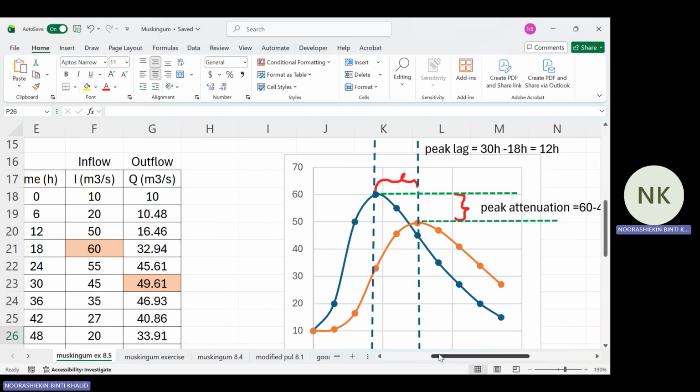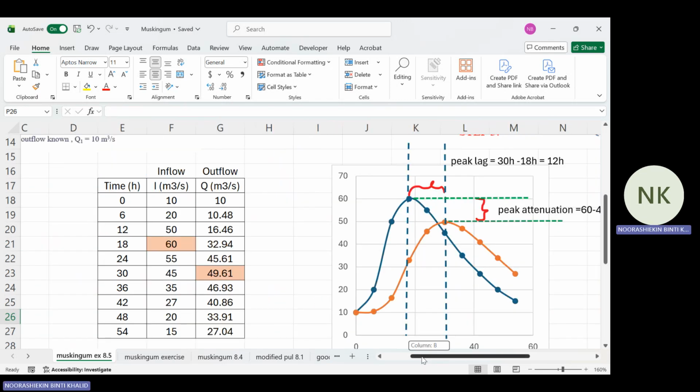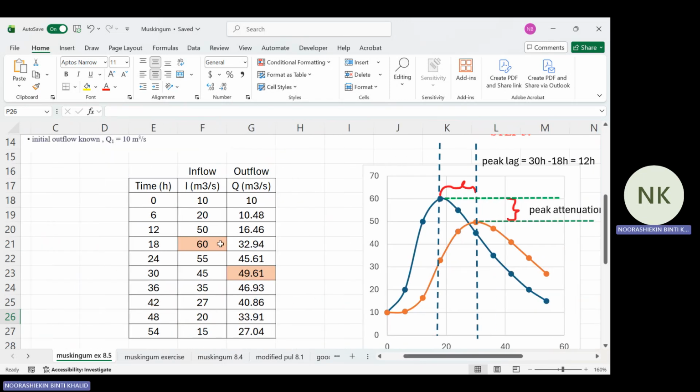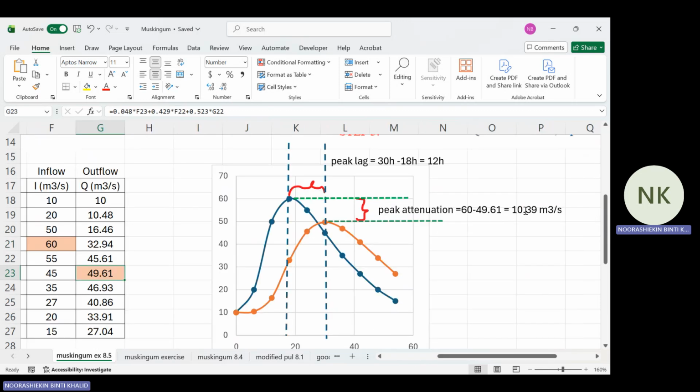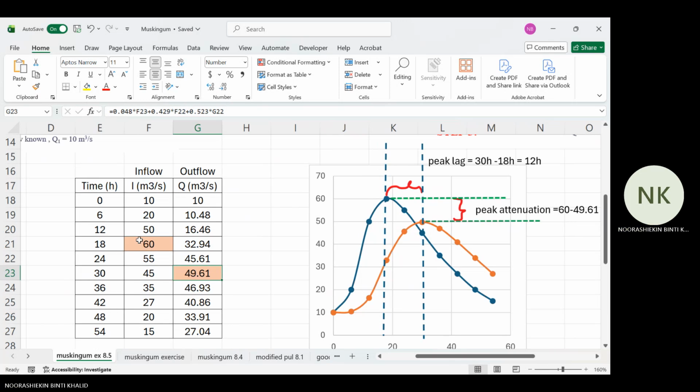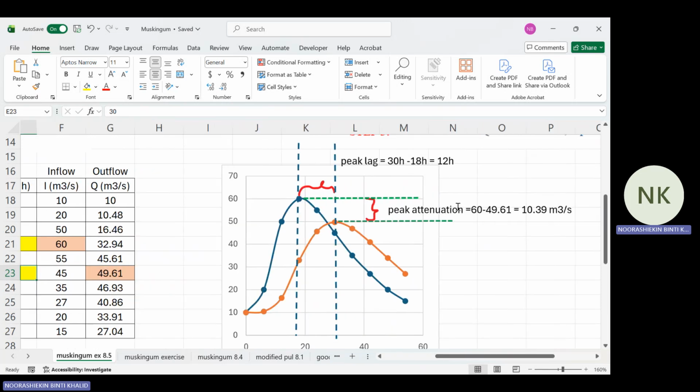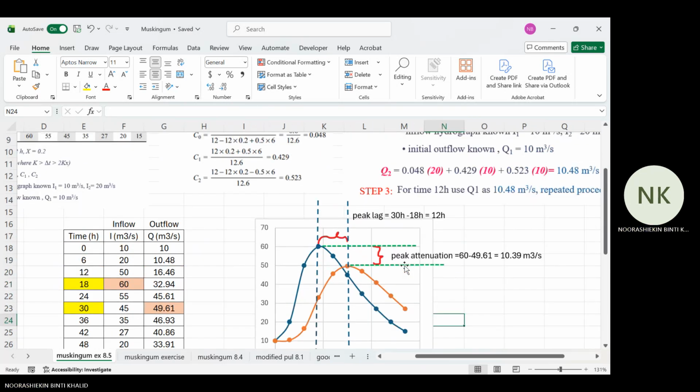From the graph, we can read that the peak inflow happened at 60 and the outflow at 49.61. Just subtract, and I get 10.39 meter cube per second for peak attenuation. The peak lag happened at 18 and 30, so the difference is that the peak lag happened at 12 hours. That is for Muskingum.